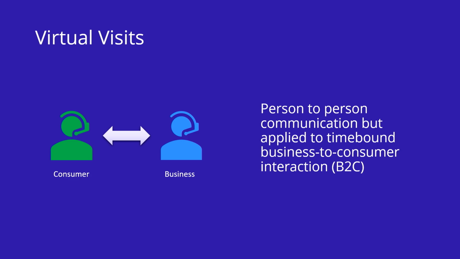Another scenario that's a bit specialized, it's a type of person-to-person communication, but we do split it up because it has certain unique experiences, is virtual visits. So this is where you have a consumer talking to a business, a B2C interaction. These are often time-bound. They have a mechanic around, say, an appointment or a meeting. And there are a couple of places where you can imagine virtual visits happening more and more.